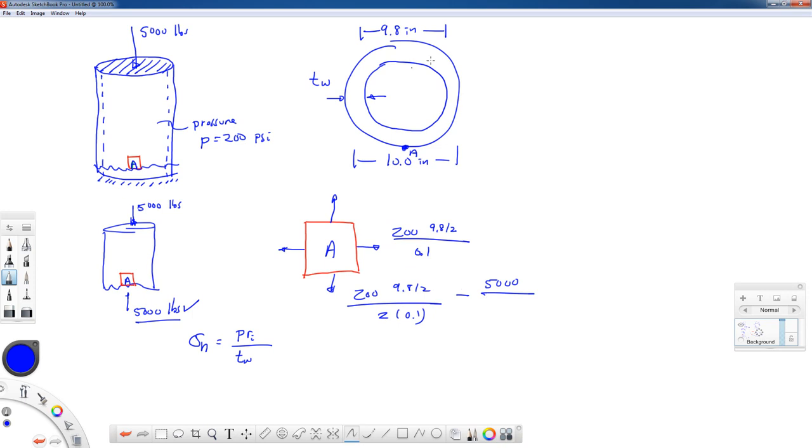The ring should be small enough to use that way to calculate the area, or we can calculate the area of this ring as pi over 4 times the outside diameter squared minus the inside diameter squared. Okay, both of these would be in psi. So again, we can take a look at the state of stress. This is a principal stress state.